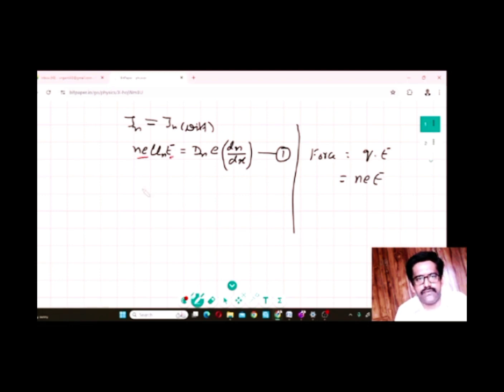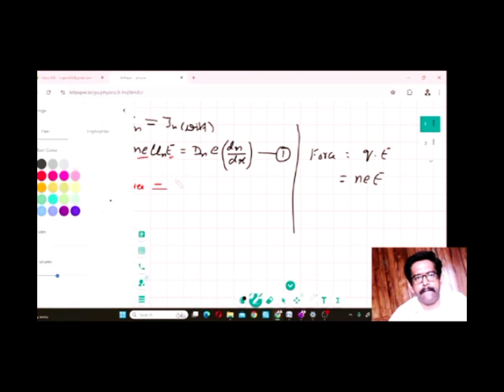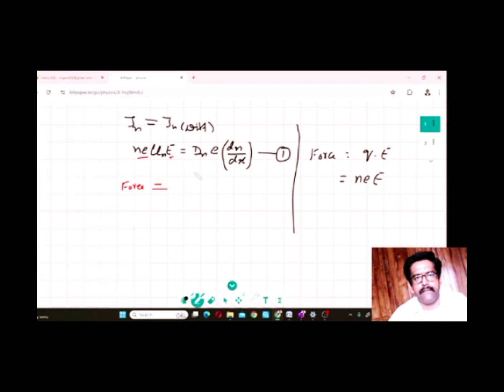Taking mu n to the left hand side, this is equivalent to Dn by mu n into dN by dx.